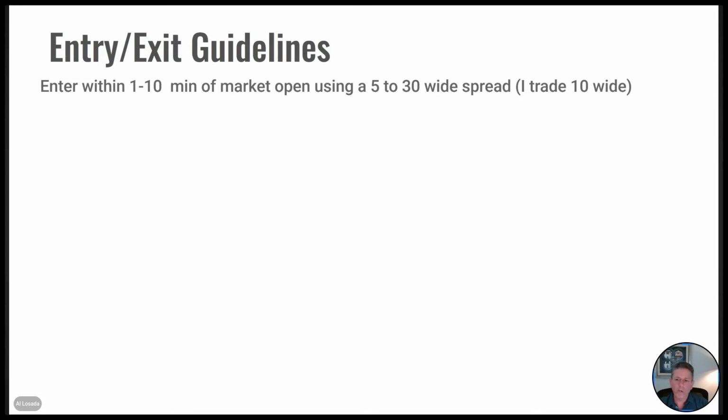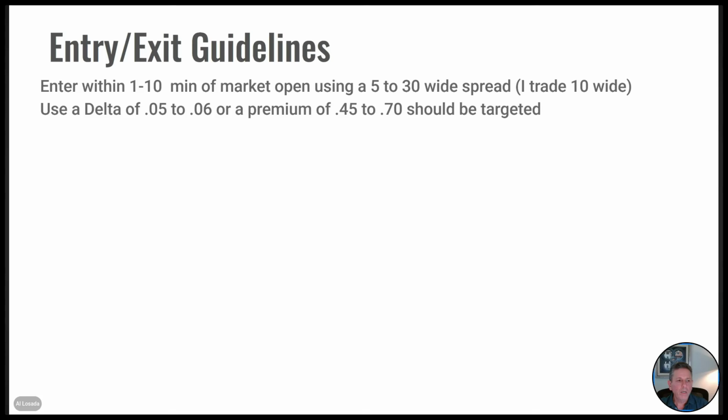Normally I go in from 9:30 to 9:33, and I'm already in the market. I use a delta between 5 to 6 on the premium, and 45 to 70 should be targeted there. I haven't looked at that for a long time, but it works.